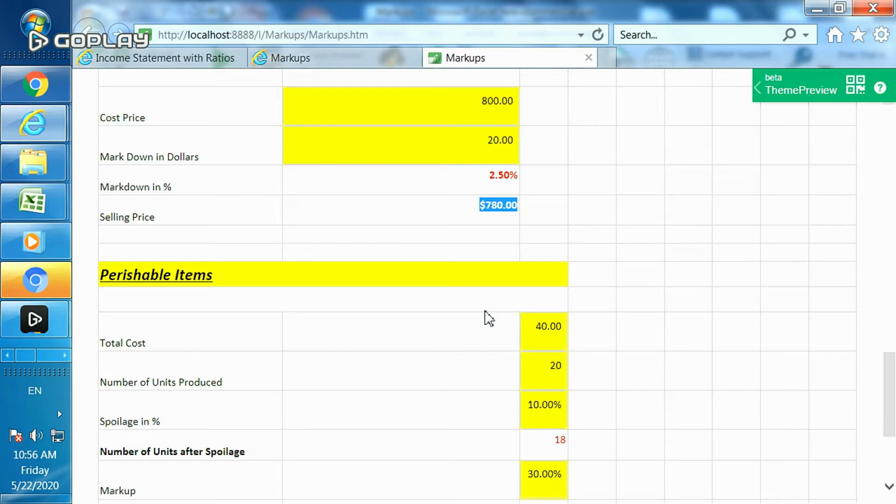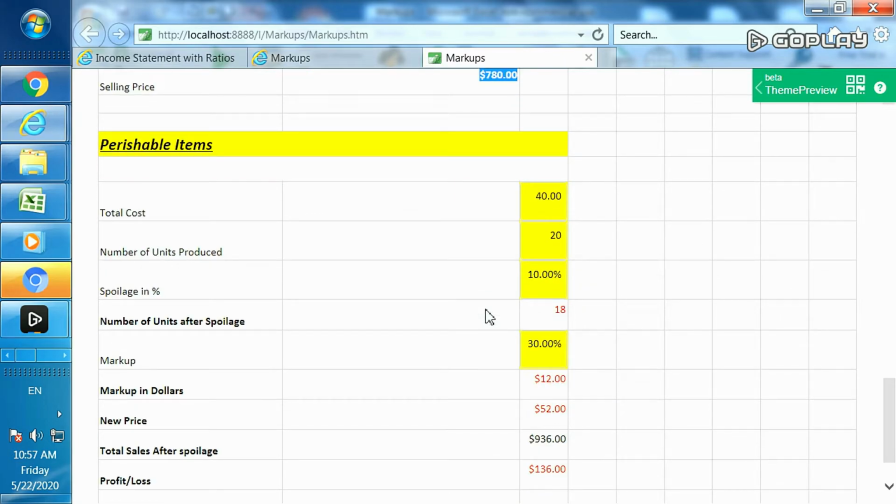Okay, so apart from that, as we talked about earlier, should you need to manage your inventory and would like to know what your markup on a certain item should be, this is a calculator for you. So let's say your total cost over here for a certain item is $600.